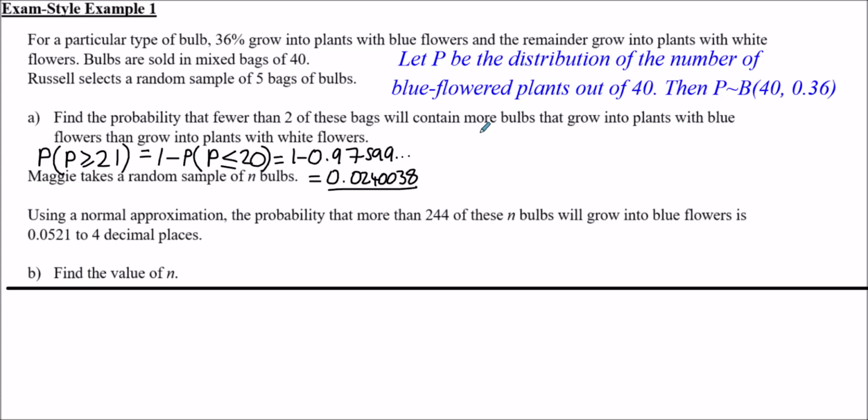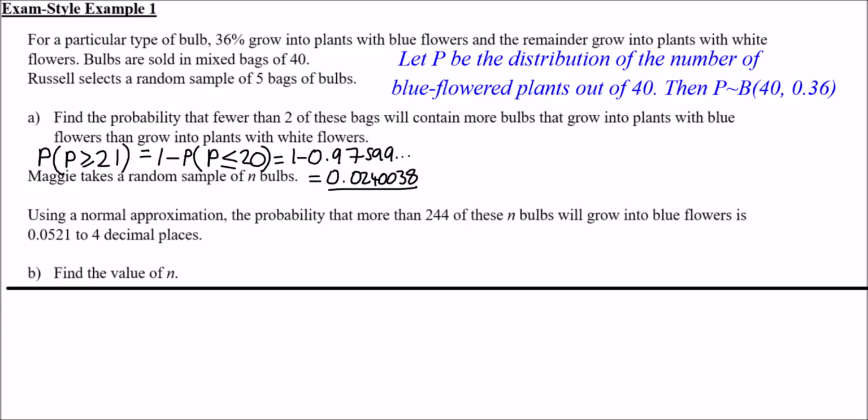So we've now worked out the relevant probability for just one bag. We can now scale up and think about these 5 bags in total. Whereas here we were talking about the distribution of the number of bulbs out of 40, now we need to talk about the distribution of the number of bags in which more than half of the 40 bulbs have blue flowers.